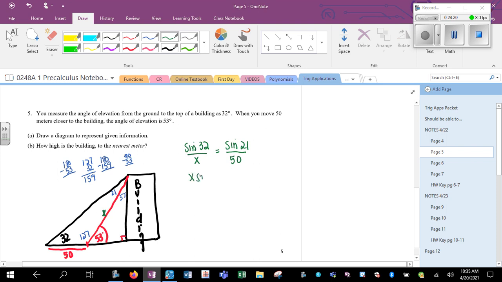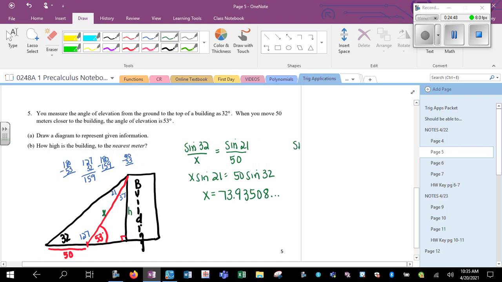Cross multiply. Divide. And if I put that on my calculator, I get 73.935. Keep your decimals because you don't want to round early. Finding that shared side now is going to take us into our right triangle so that we can find the height of the building.